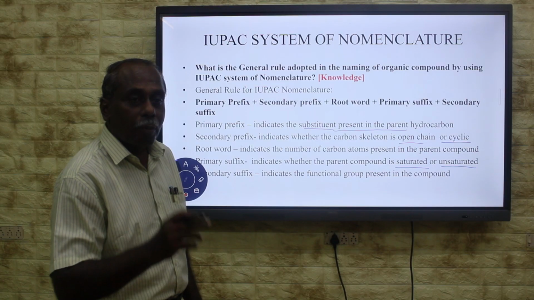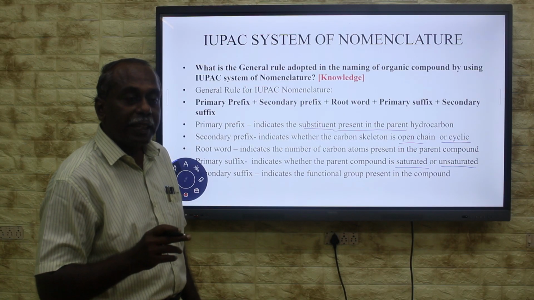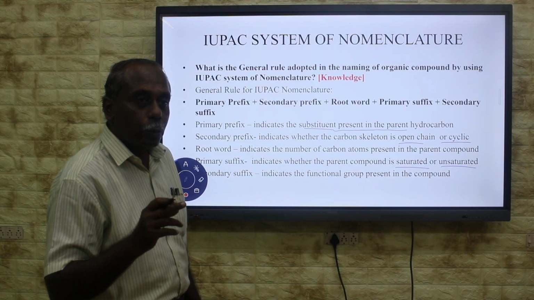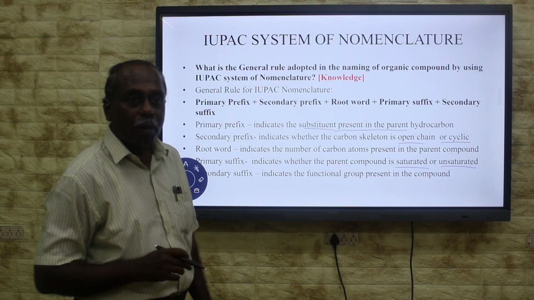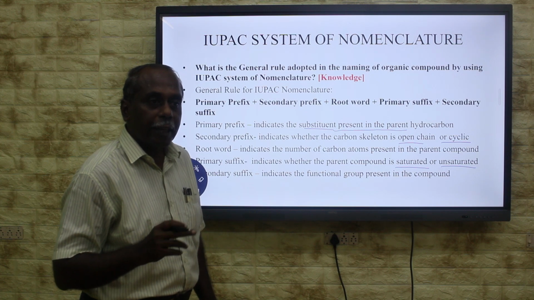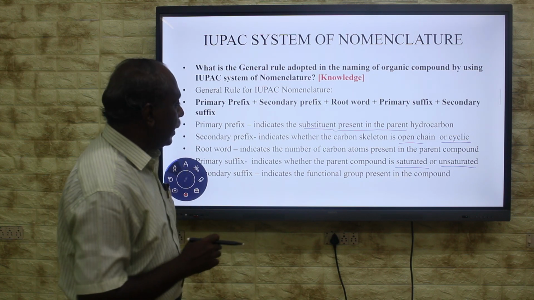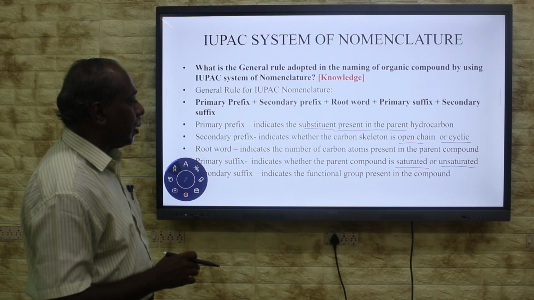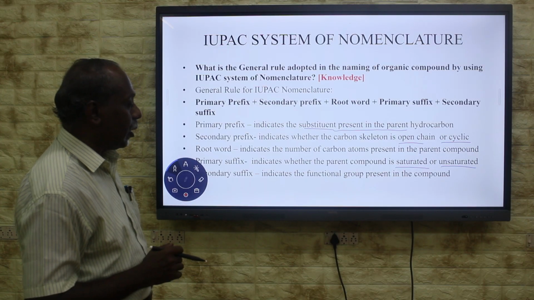When there are two double bonds present in the compound, that should be indicated as diene. When there are two triple bonds present in the compound, that should be indicated as diyne. In that way, the primary suffix indicates the nature of the compound, whether it is saturated or unsaturated.